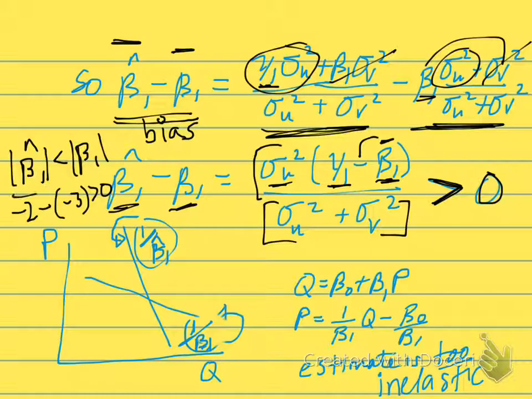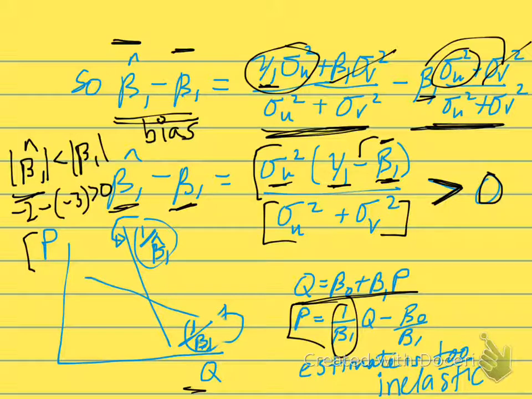So beta 1 hat in absolute value is smaller, but remember our slope of the demand curve, we invert it, because in our demand curve we have price on the y-axis and Q on the x-axis. So our slope is actually 1 over beta 1. So if beta 1 hat is smaller in absolute value, that means 1 over beta 1 hat is bigger in absolute value.